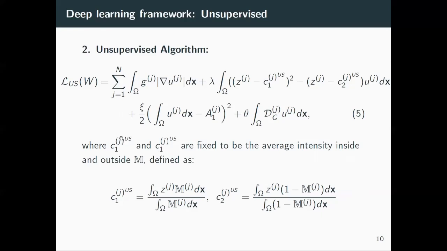We have C1 and C2 fixed to be the average intensity inside and outside the polygon formed by the user input, and this is calculated like this. The user clicks on points, we fix C1 and C2, we calculate A1 and the geodesic distance from these user points, and then we train suitably.